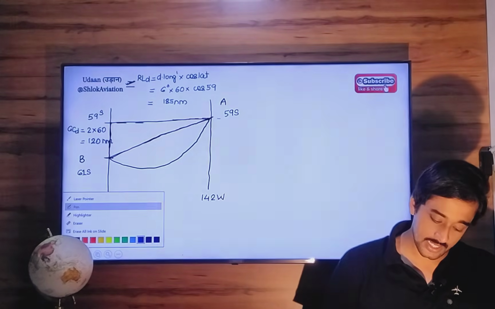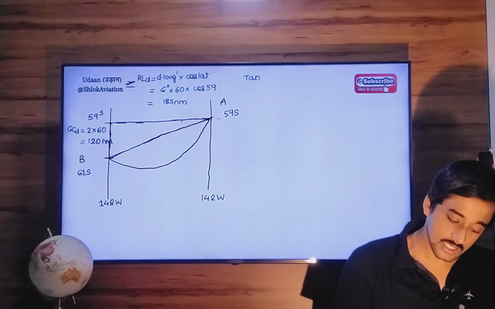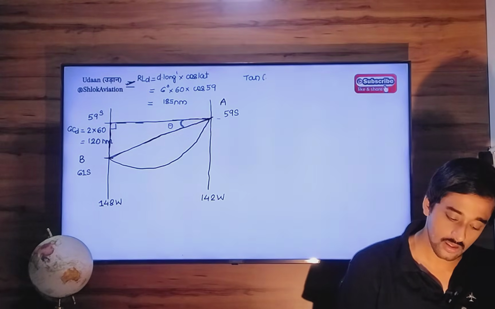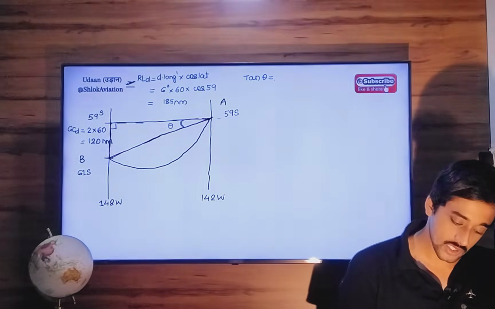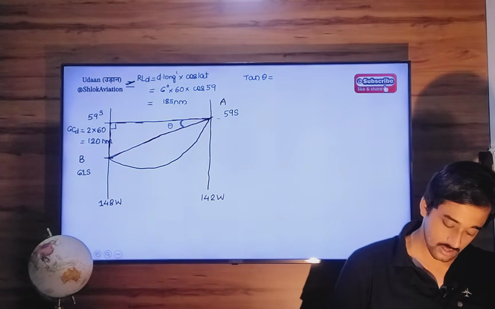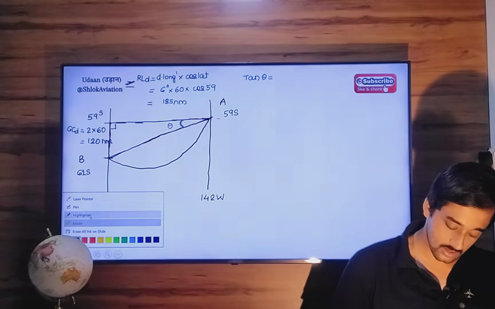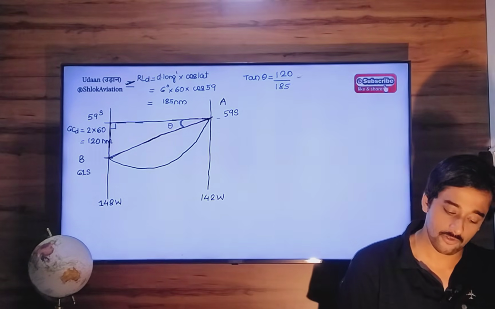So let's apply the tan formula. This tan theta will be equal to opposite, correction, 120 divided by adjacent 185.